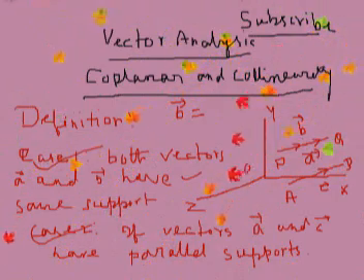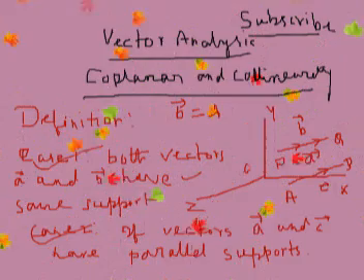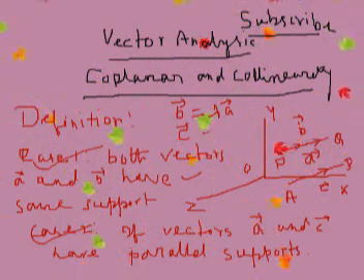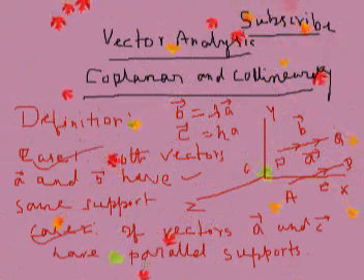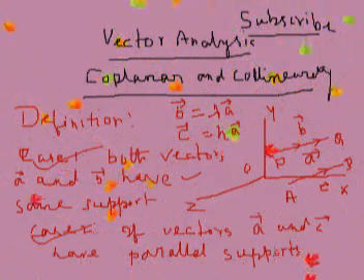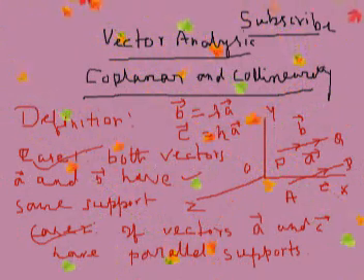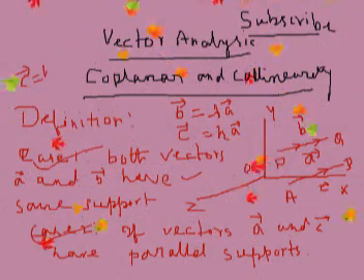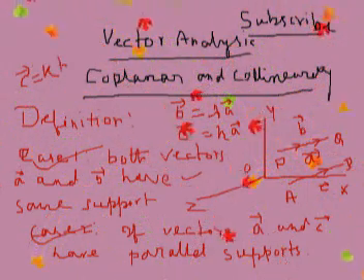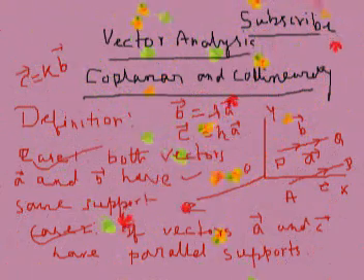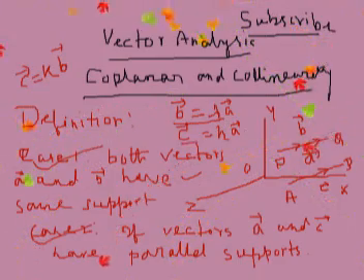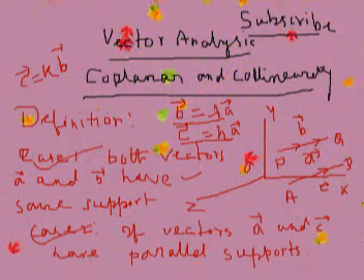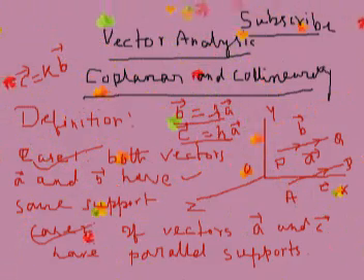You can take any scalar lambda times vector A, or vector C can also be represented by any scalar eta times vector A. So vector C and vector B also have a relation, kappa times vector B. All are collinear, so they can be written in this way, where lambda, eta, kappa are all scalars. If they are collinear, then any vector can be represented by another vector by multiplying by a scalar. So this is the idea of collinearity.